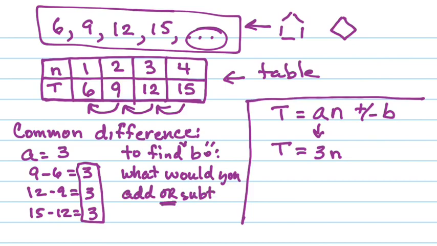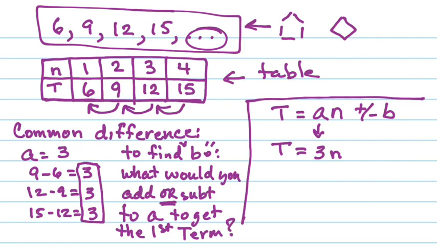So be careful, because sometimes you could be adding numbers, sometimes you could be subtracting numbers. What would you add or subtract to A to get the first term?